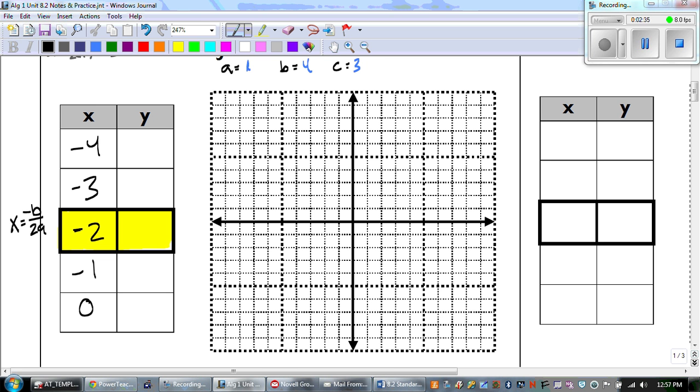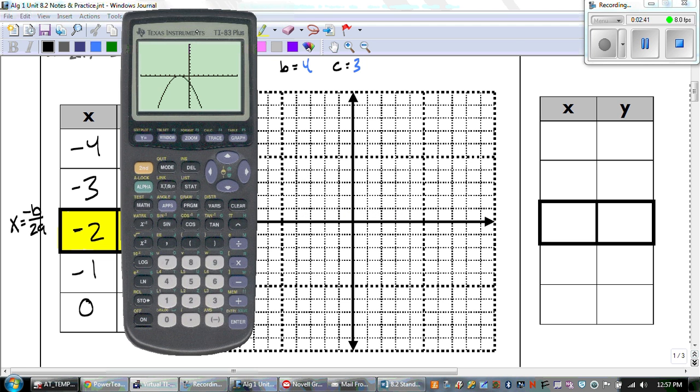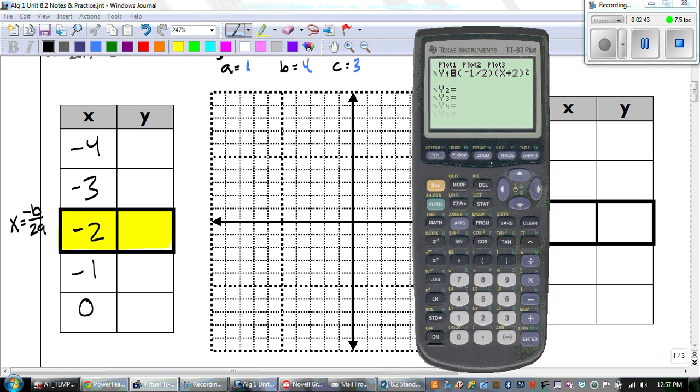There are multiple ways that we can graph this. I think the fastest way is to take out your graphing calculators and plug that equation in. So I'm writing x squared plus 4x plus 3.